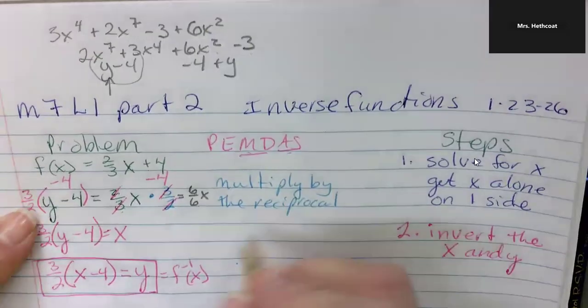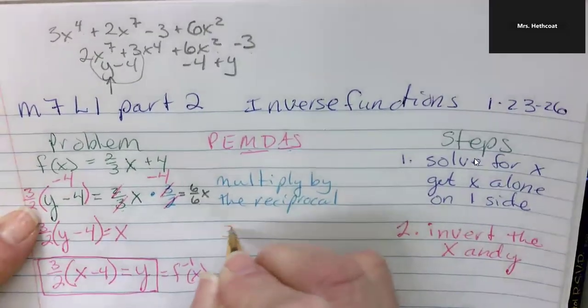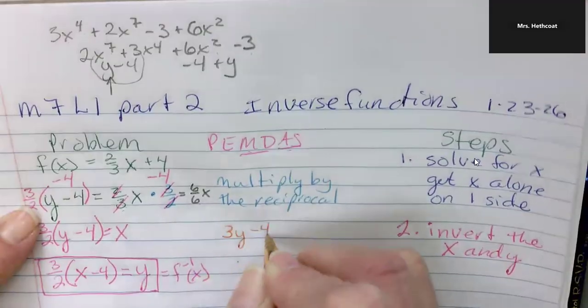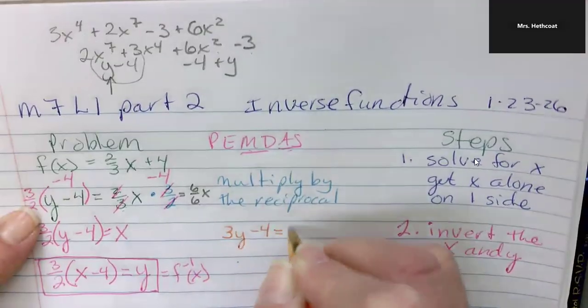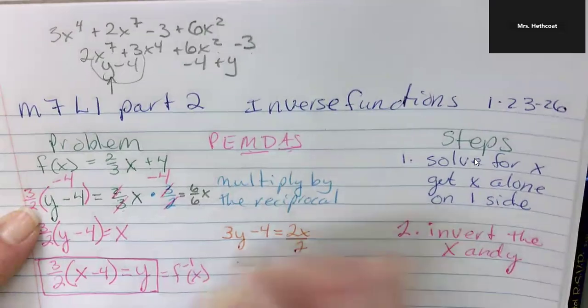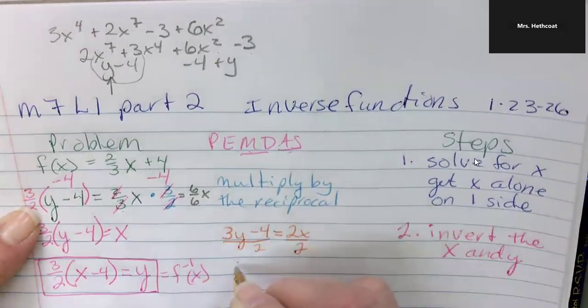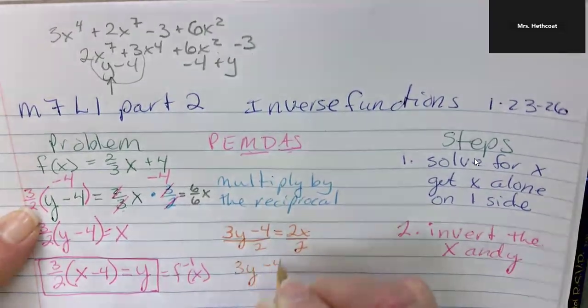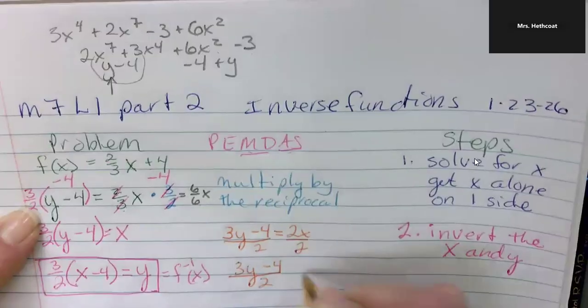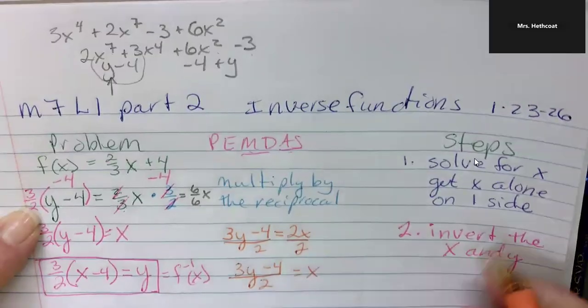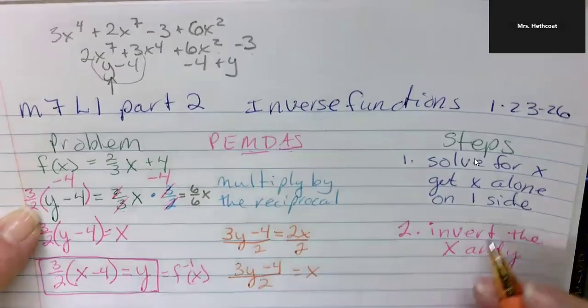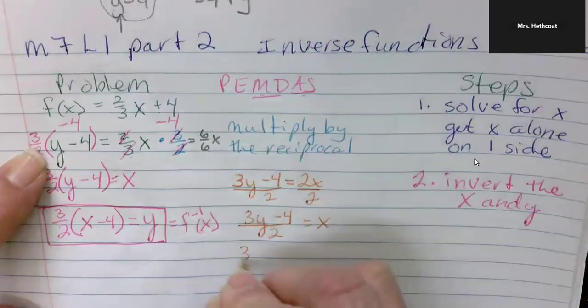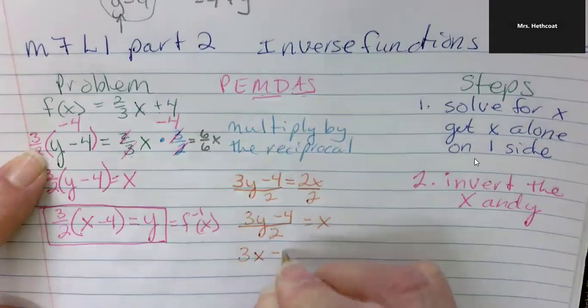You would have gotten 3y minus 4 equals 2x, and then you would have divided by 2 to everything, and you would have gotten 3y minus 4 all over 2 equals x. Then we invert our x and our y, so that would give us 3x minus 4.